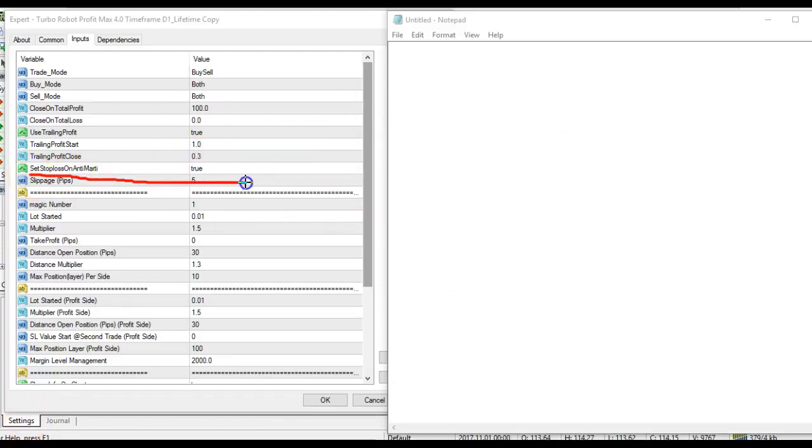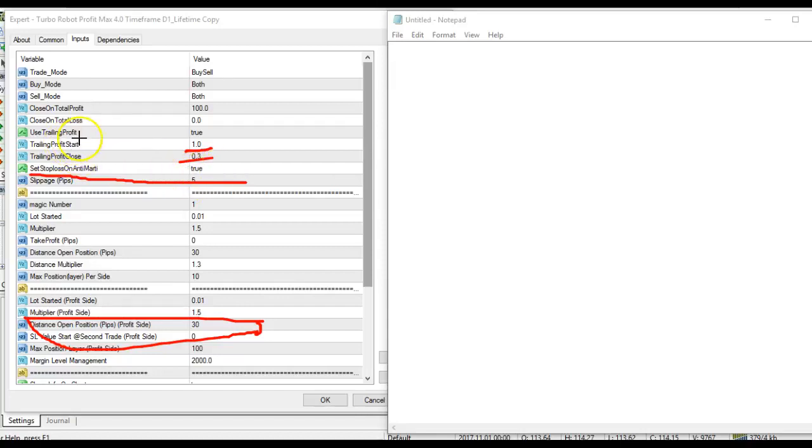For the set stop loss on anti-martingale, which means this portion here, this area, it's the same concept. When you're profiting, it will use the same value as what you have here. We didn't change the value, we used the same.